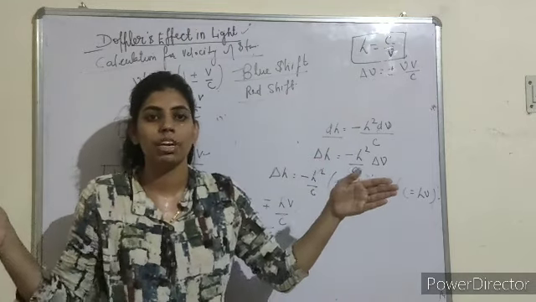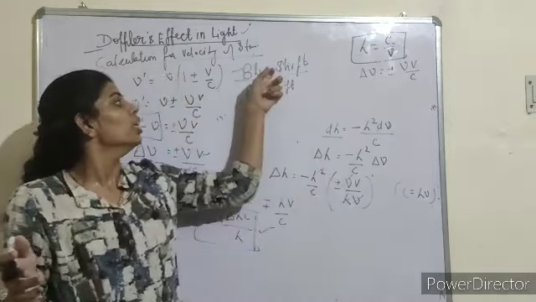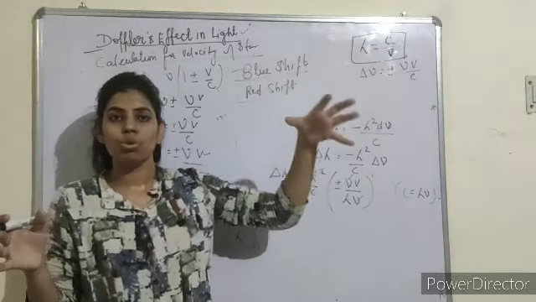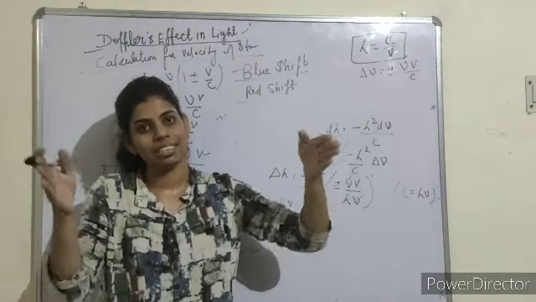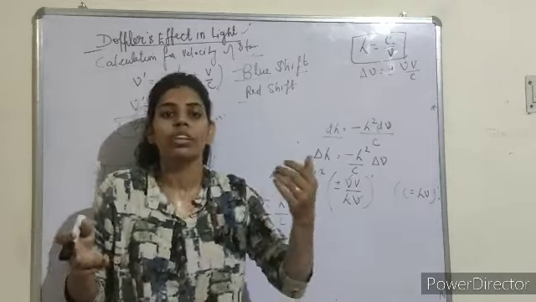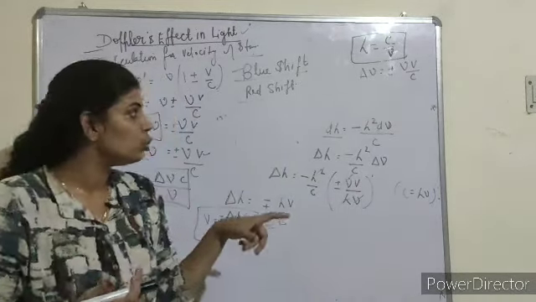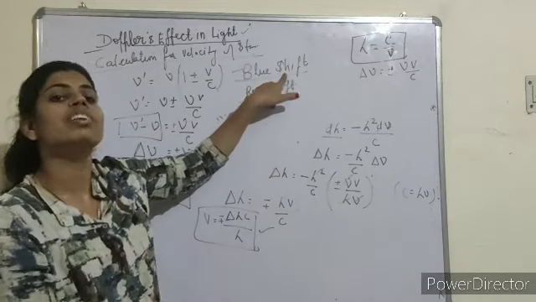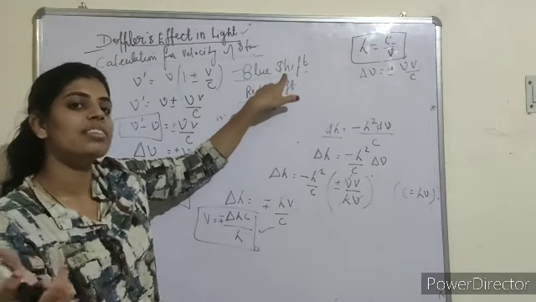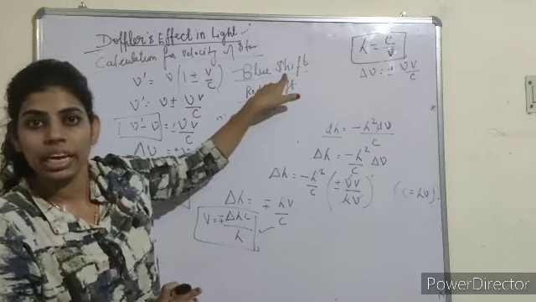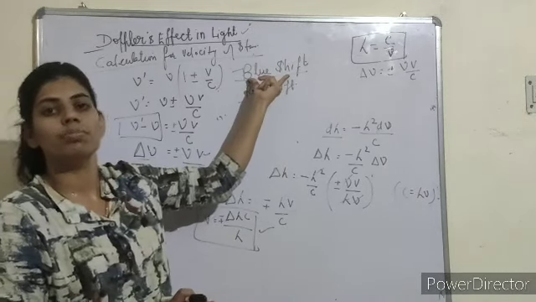That means they are coming close to each other. In that case the value of apparent frequency would increase, and if apparent frequency increases, apparent wavelength would decrease, and that is known as blue shift.